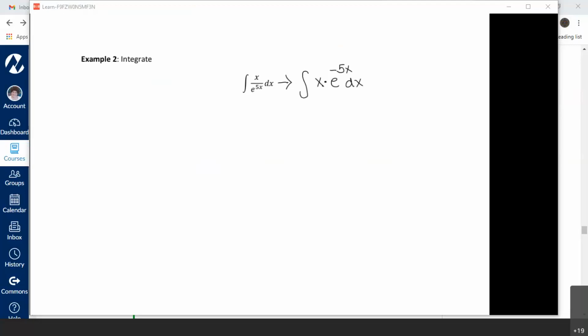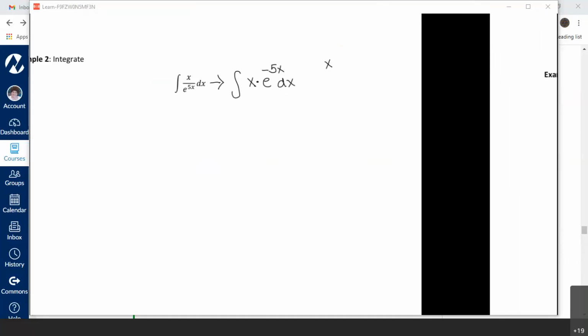Okay, so again, tell me what two kinds of functions I have here. Everybody see polynomial and exponential. Polynomial is the x, and e to the minus 5x is exponential.